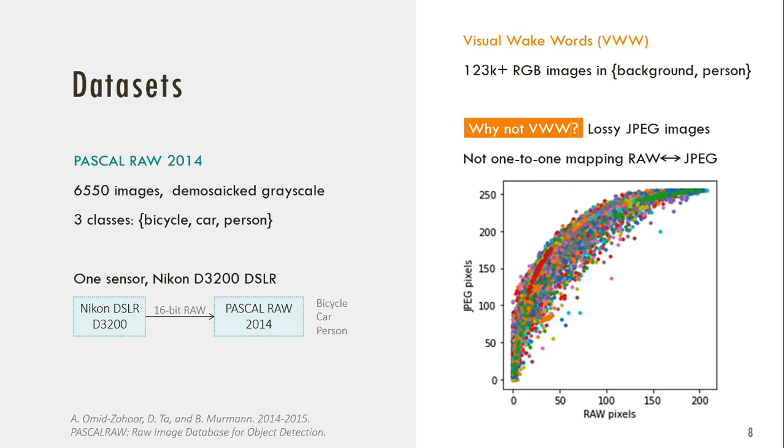The dataset we use is Pascal RAW 2014. Namely, it's a raw dataset. All of the images are before the ISP. No ISP was applied, with only demosaicking to remove the nonlinearity in between.